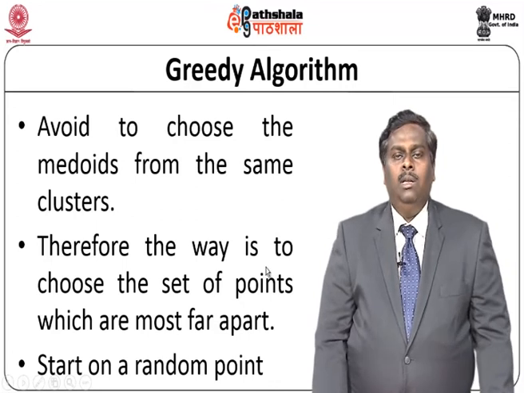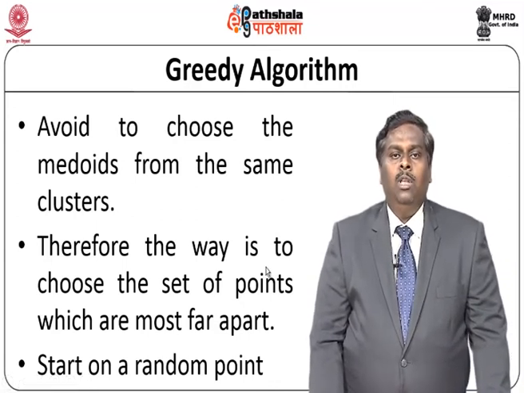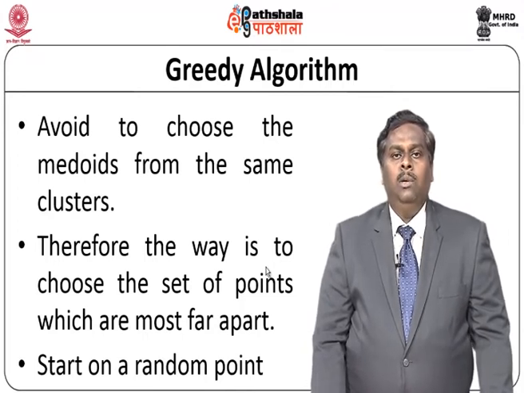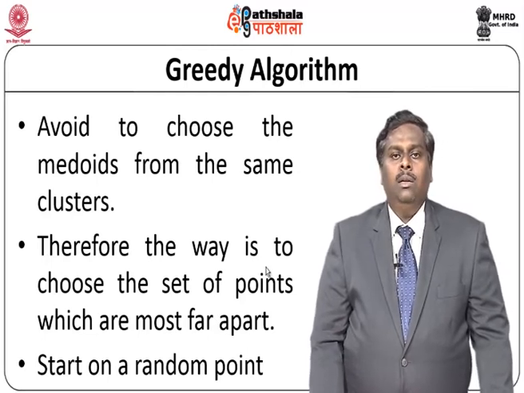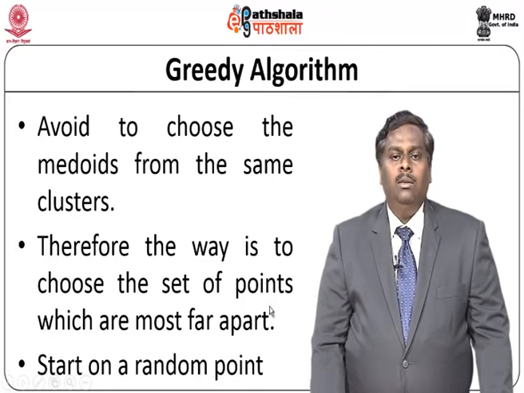Having understood the initialization phase, we should also know how the medoids are selected. I said medoids are selected based on a greedy approach. While selecting the medoids, you should see to it that the medoids are separated far apart. For this you will have to start with a random point.